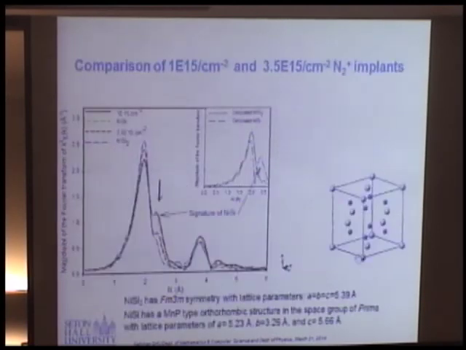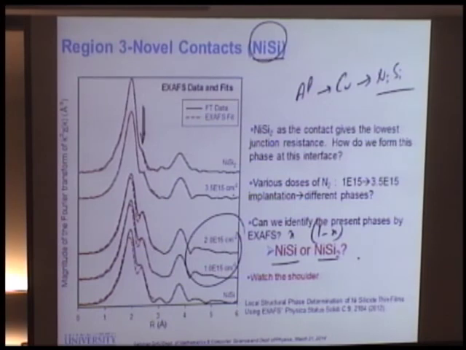The desired phase is nickel silicon 2 because it gives you the lowest junction resistance. Now I can tell you, if you do this process, you can have this nickel silicon at 50% or 70% or 60%, and that's invaluable information.